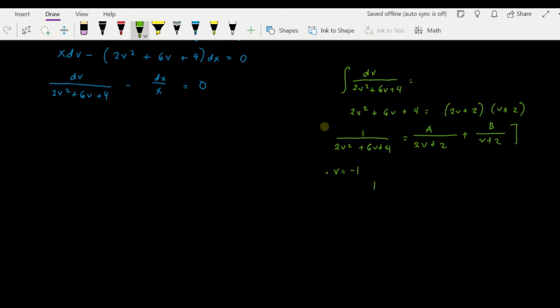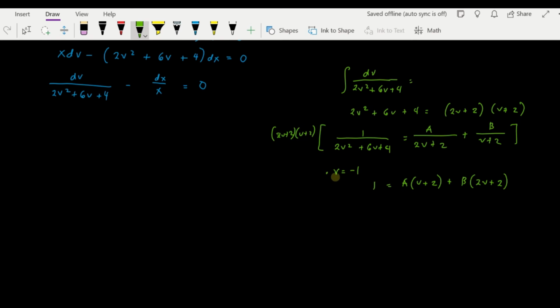Sulat natin. Mumultiply nyo yan sa 2v plus 2 times v plus 2. So, ito, same lang dito. Makakancel. Kaya siya 1 equals a times v plus 2. Kasi nakancel yung 2v plus 2. Then, plus b times 2v plus 2.